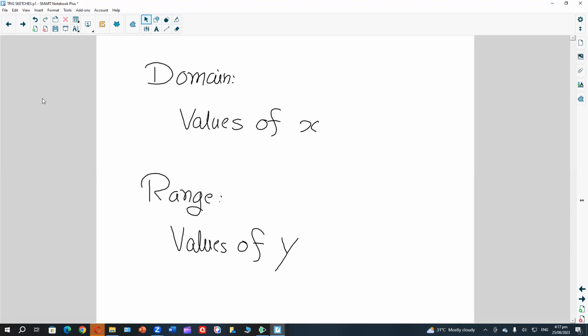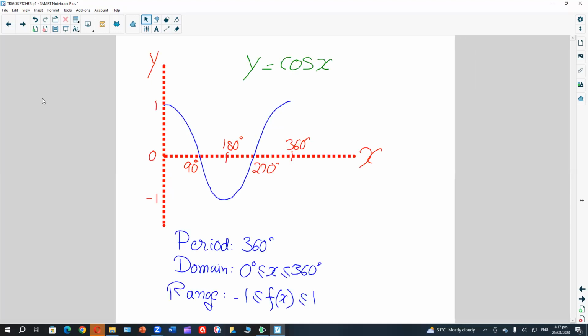Done. So we move forward, and now this is the sketch of cos x. Can you check your calculator and see what is cos 0? Type in cos 0 and see what answer you get. I get 1. Good. And see on the graph, it's 1.